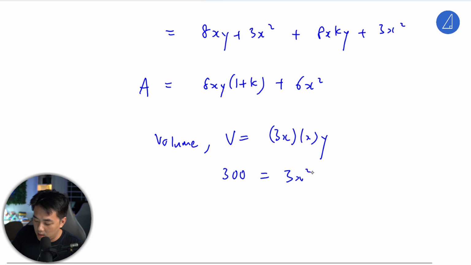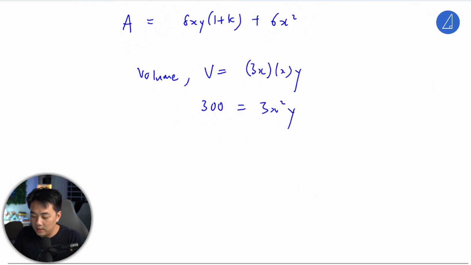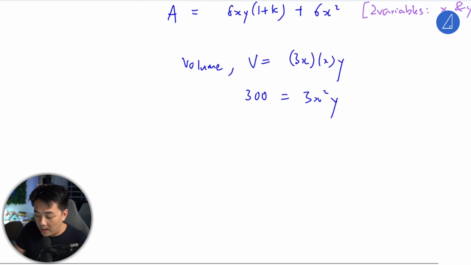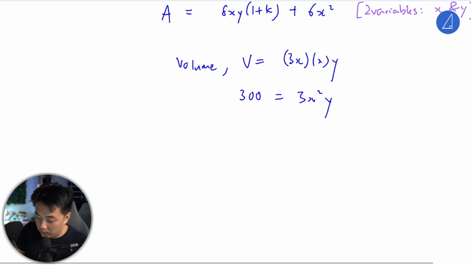So 3x squared y equals 300. You realize that our A contains two variables, namely x and y. So I need to change this to just one single variable. I'm going to use y here, so y equals 100 over x squared.